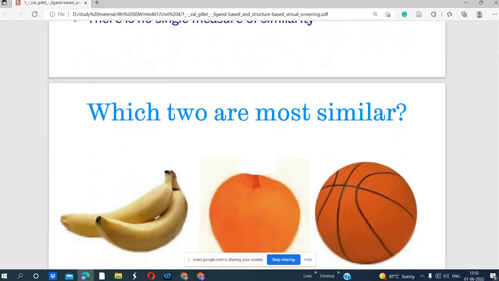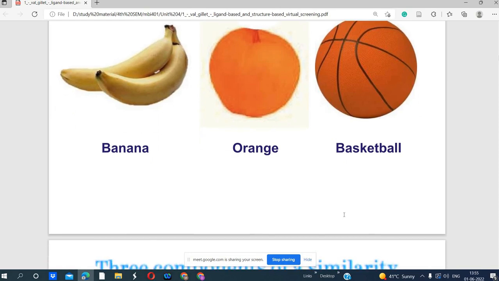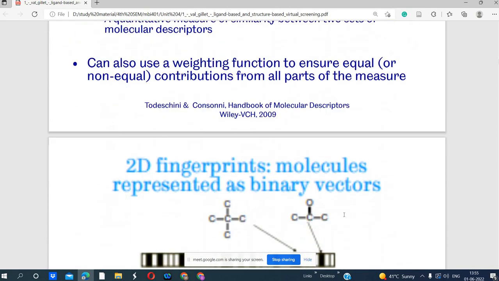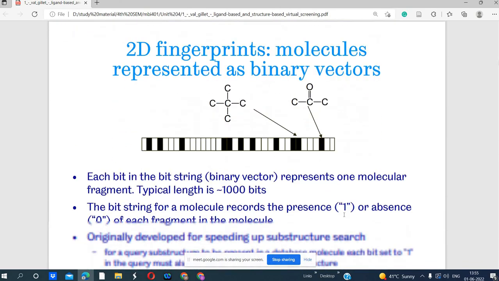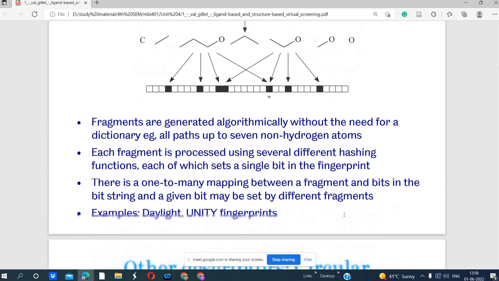If you put the banana on the basketball, it can easily stick together. So there is some similarity, a circular shape. Okay, this is a hash fragment.